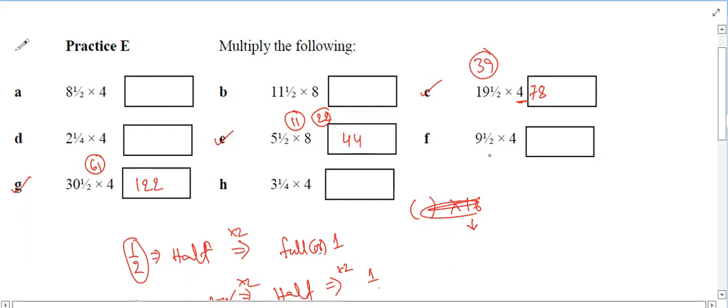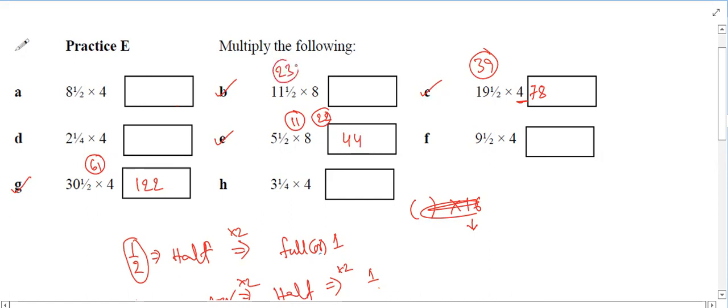Bonesh, your question is B. 11 double is 22, sir. 22. What about the half plus double? Half double is 1, so 22 plus 1 is 23.